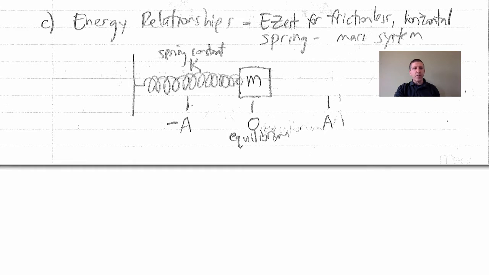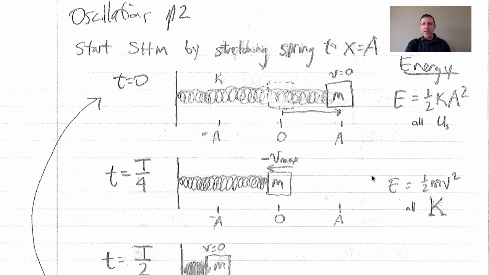And we're going to look at a couple different positions on this cycle to analyze the energy. So we're going to start the simple harmonic motion by stretching the spring to x equals A, the maximum displacement. And you might guess, well, if it's at A and its velocity is 0, what's its energy?